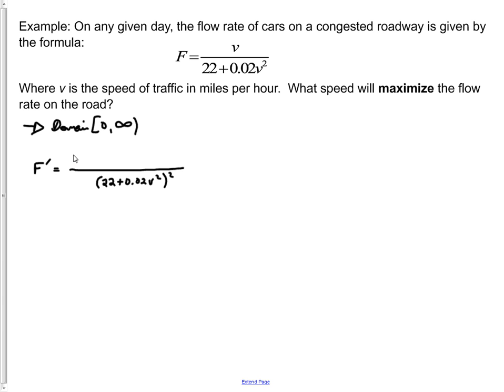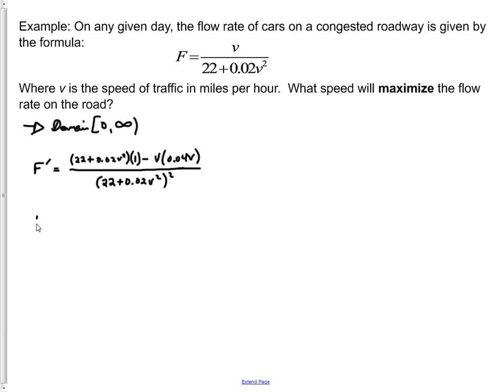And it is the denominator, so 22 plus 0.02 v squared times the derivative of the numerator, which is 1, minus the numerator times the derivative of the denominator. The denominator, 22, that's a constant. Its derivative will be 0. And it will be 2 times 0.02, so 0.04 v as the derivative of our denominator.